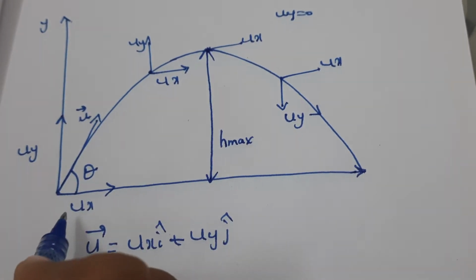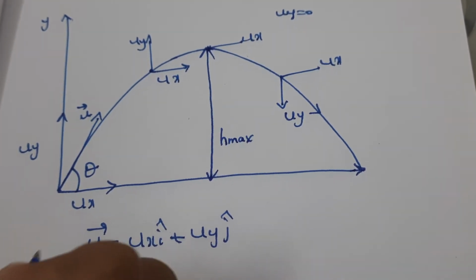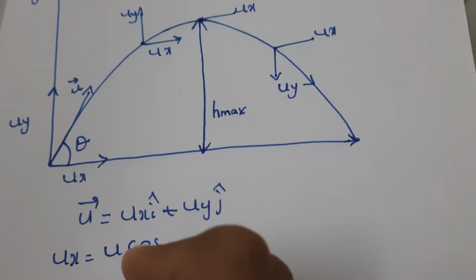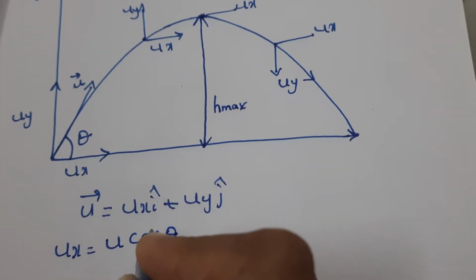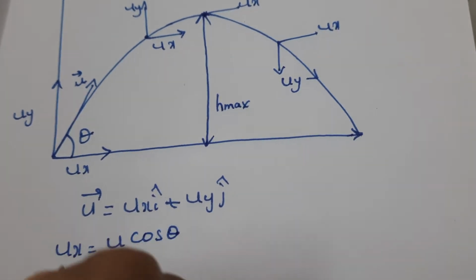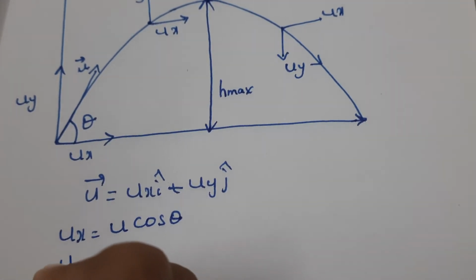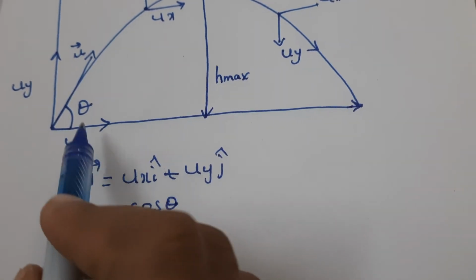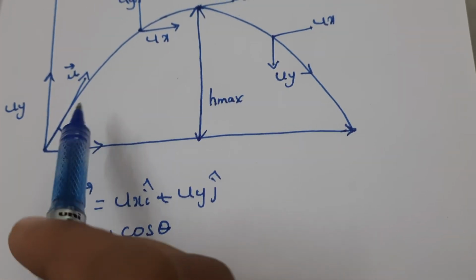Now, this x component of the initial velocity we can write as ux is equal to u cos theta. And the y component of the velocity we can write as uy is equal to u sin theta. This we have already learned in the components of a vector.